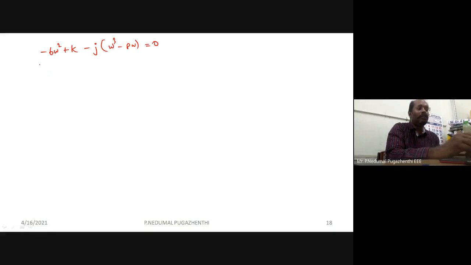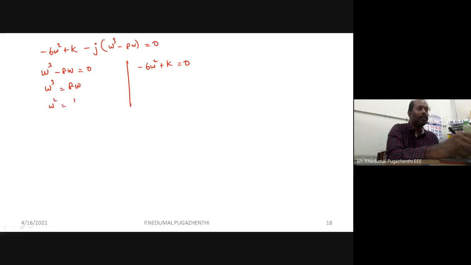Real part and imaginary part have to be equated separately to find the value of k and omega. So what we can do, equate the imaginary part: omega cube minus 8 omega is equal to 0. Also minus 6 omega squared plus k is equal to 0. So this will give me omega cube is equal to 8 omega.